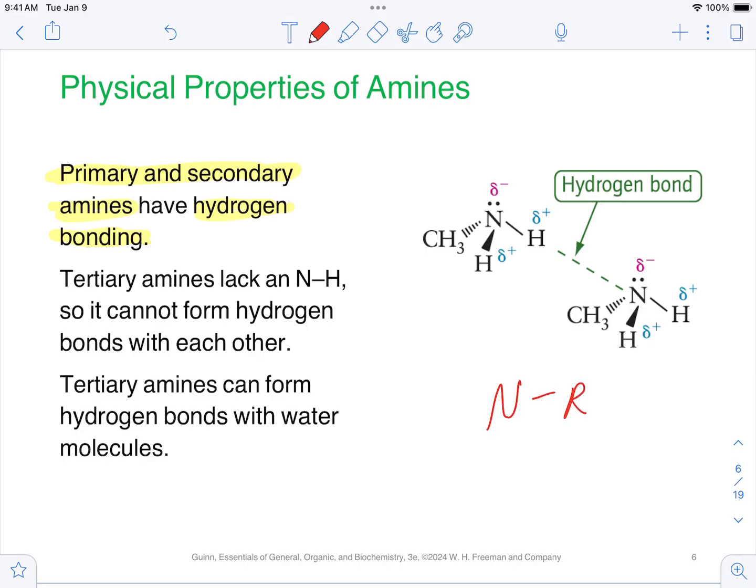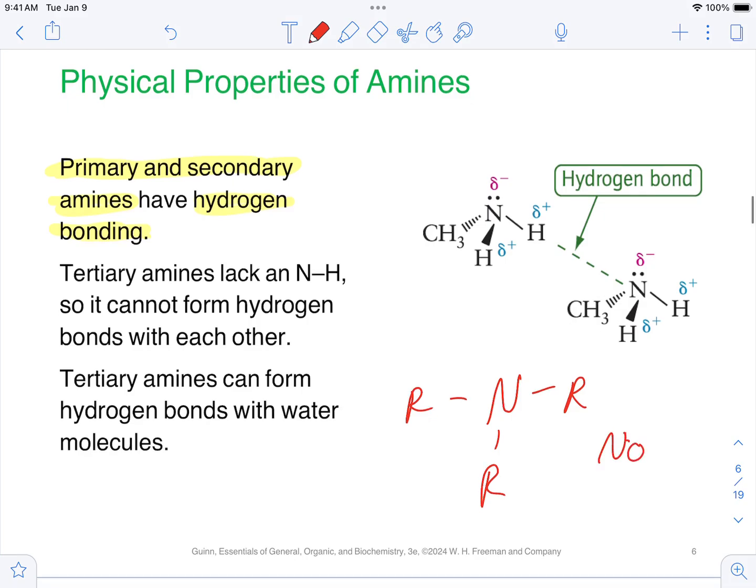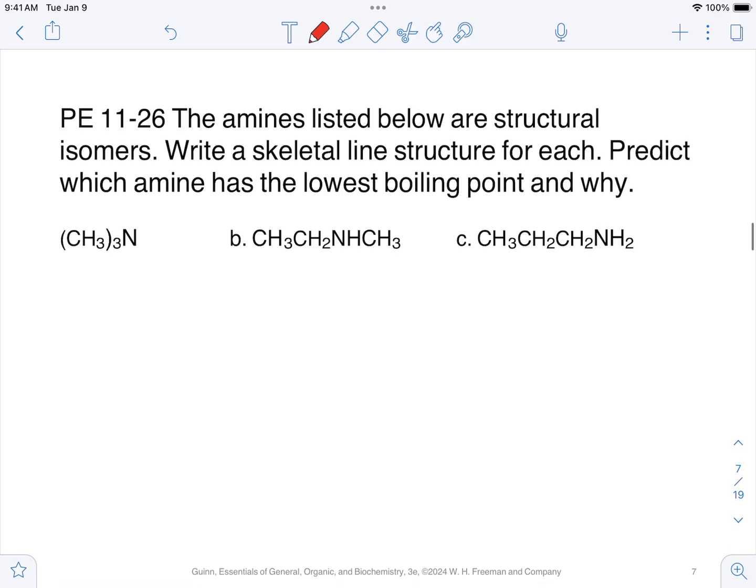Remember, a tertiary has three R groups, so that does not have this strongest intermolecular force. It will have dipole-dipole forces, but the primary and secondary have that H attached, which gives it that strongest force. So here we're going to use that when we have to predict the lowest boiling point.